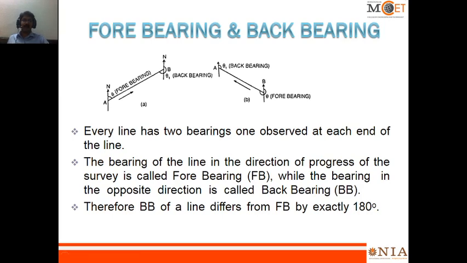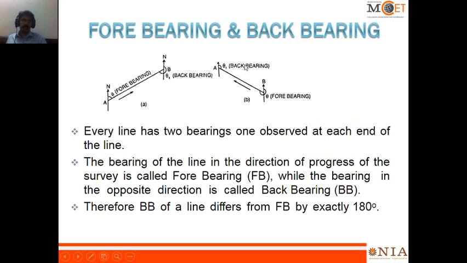But while doing the traversing from one point to another, if you measure the bearing from A to B, that bearing is called the fore bearing. When you shift the instrument to point B and look back at A, that bearing is called the back bearing.